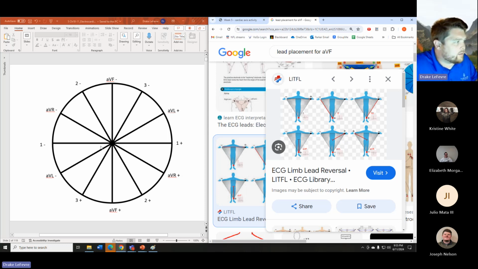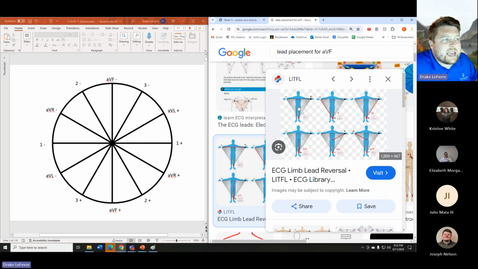Here's our belly button. There's the positive direction, so the opposite is our negative direction. AVF, we're measuring from the belly button down towards the foot.